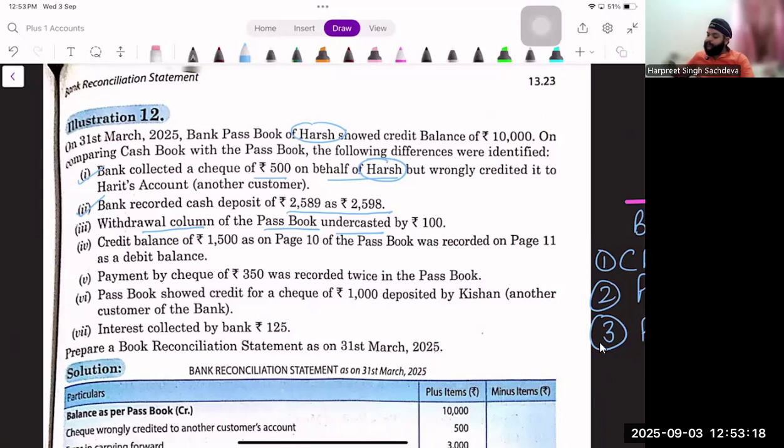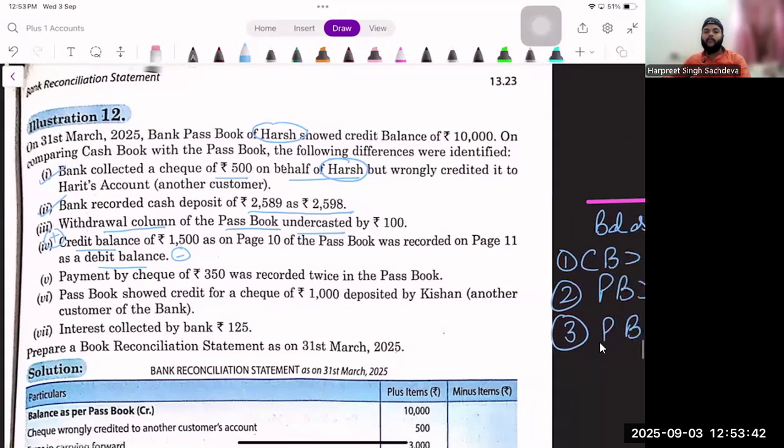The passbook's credit balance was recorded as a debit balance on the next page, okay. Passbook's credit is positive, we recorded it like a negative. Passbook's positive recorded as a negative means passbook went down, yes or no? You were having a profit of 1500. I recorded it like a loss of 1500. Your value came down, yes or no?